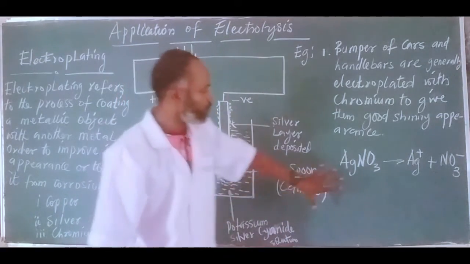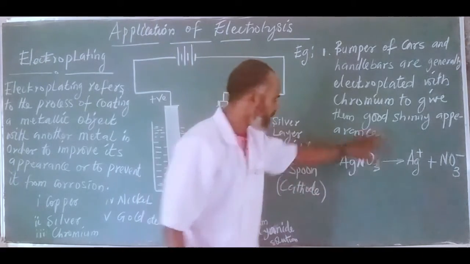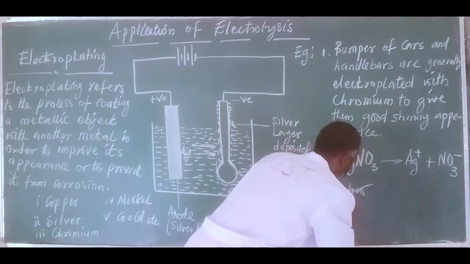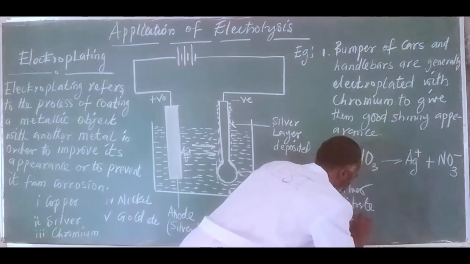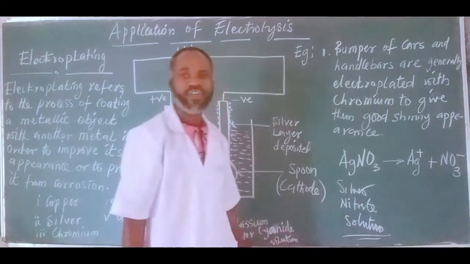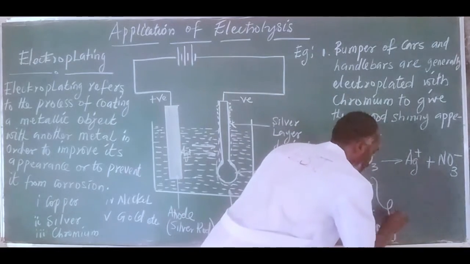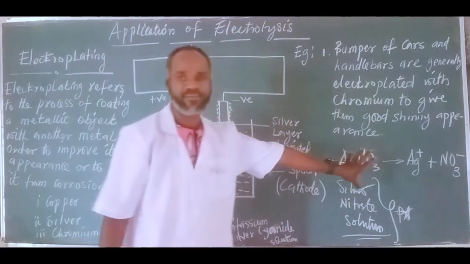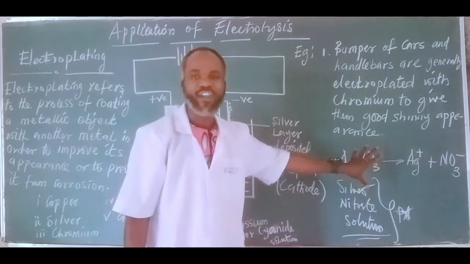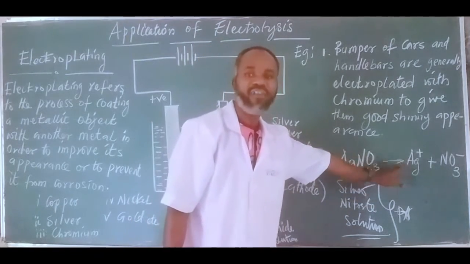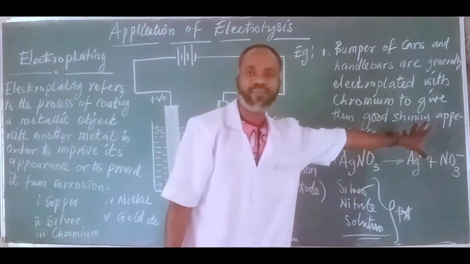So the ionic process is this. This is the silver nitrate solution. Immediately it is energized by some amount of current, it splits. The ionic process begins, and then it splits into silver ions and nitrate ions.